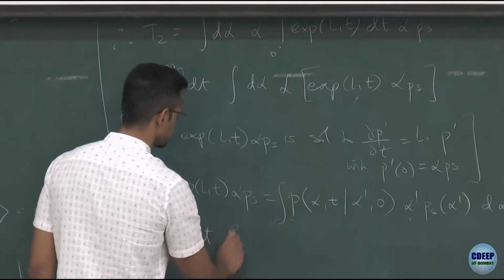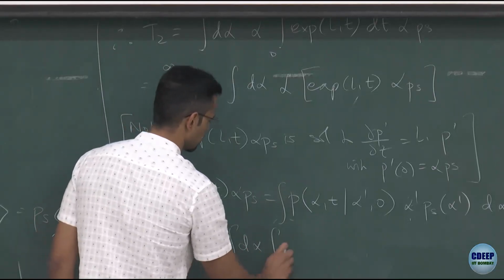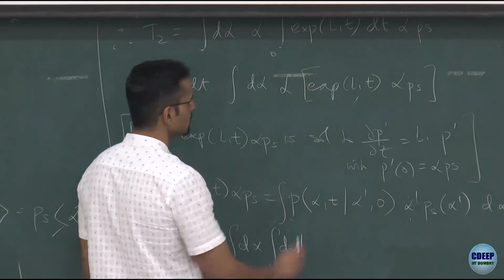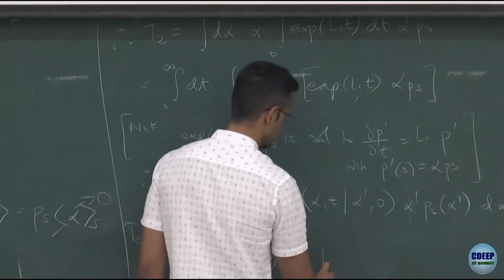Now I have two integrals, alpha prime. Instead of this, I have the following.